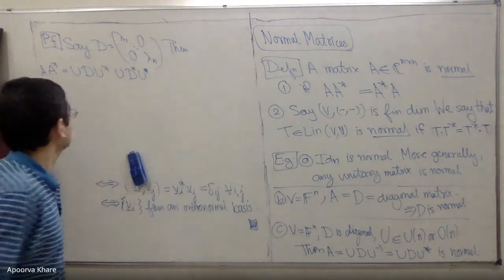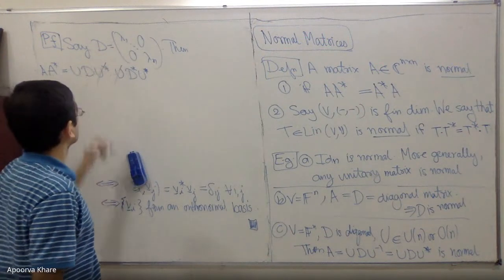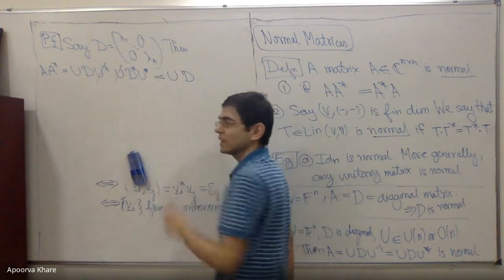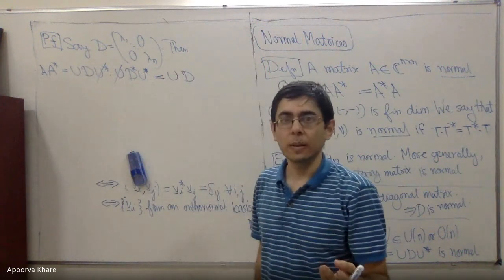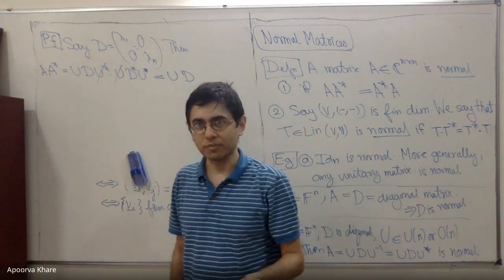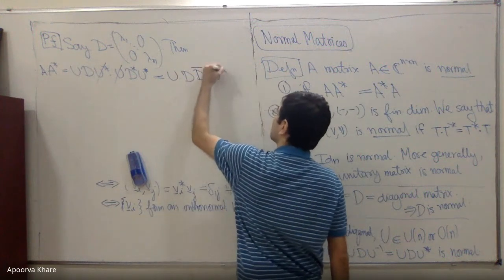Very good. But now you see, the U star and U are inverses, so they cancel. This is U D D star U star, and D star is the conjugate transpose. But what is the transpose of a diagonal matrix? It is itself. So this is just the conjugate.